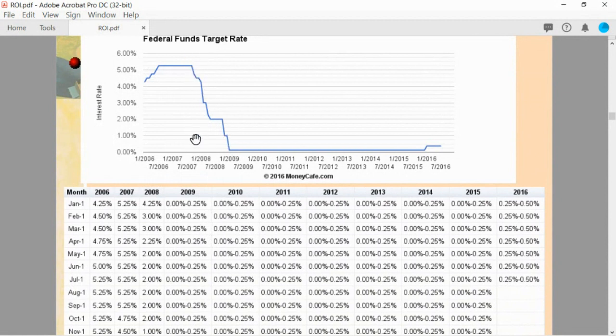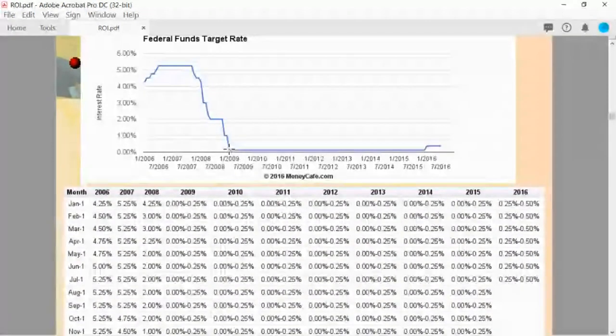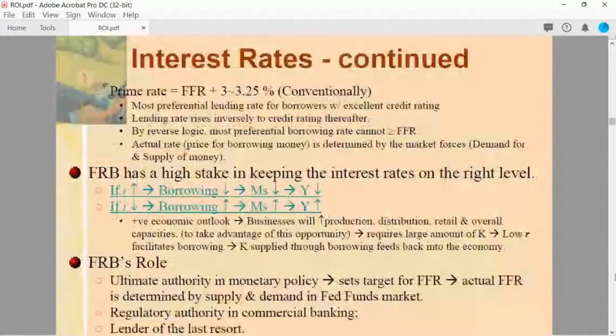Now this happened over just a 1 year period. Look, from 5.25 to 0.25, a 5% drop over just 1 year. And why? We all understand, if interest rate goes up, it discourages borrowing, because it becomes more difficult to pay back, right?